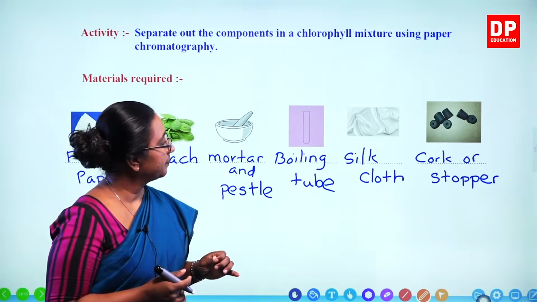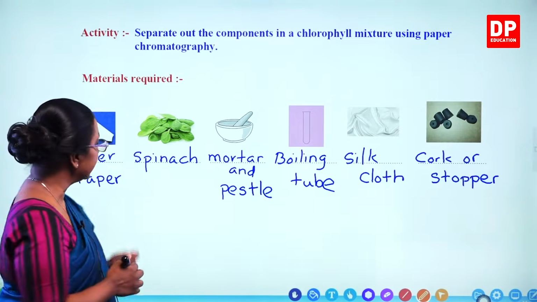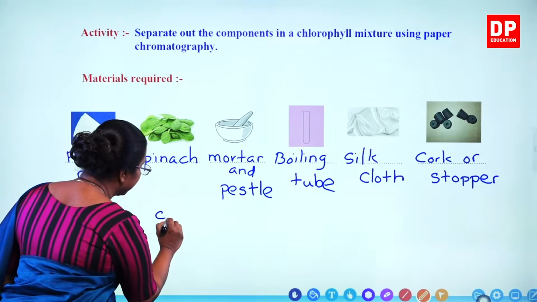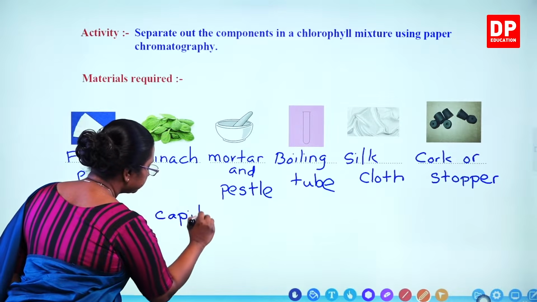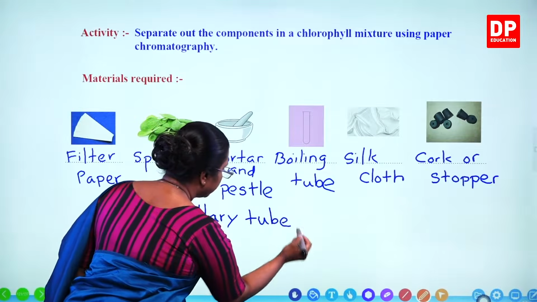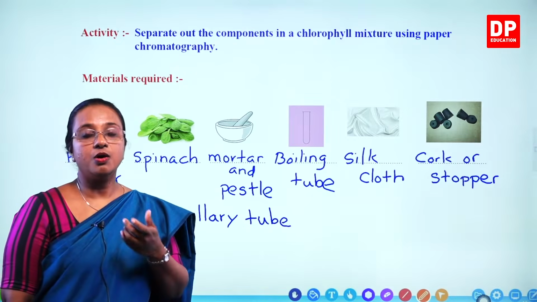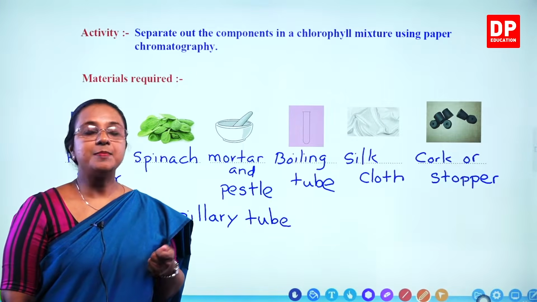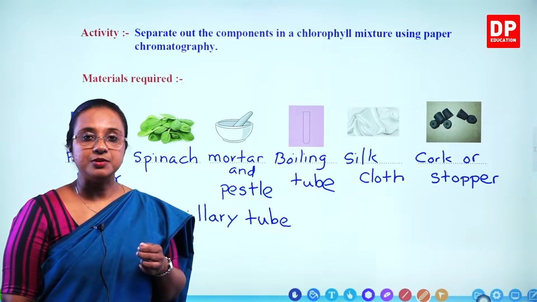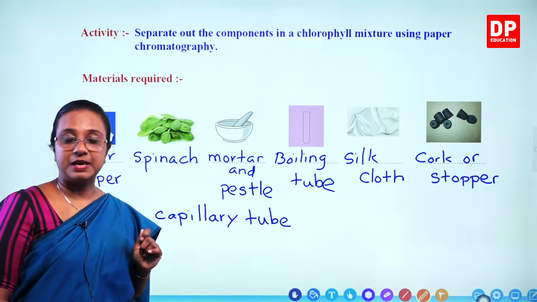And from that, we take a drop of the extract, and here we will need a capillary tube. That is a very good material or glassware present in the lab that can be used to spot the sample on the filter paper.